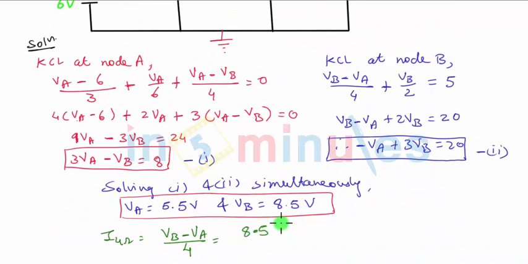So 8.5 minus 5.5 divided by 4, and that makes it I4 ohm is equal to 3 by 4 amperes or 0.75 amperes.